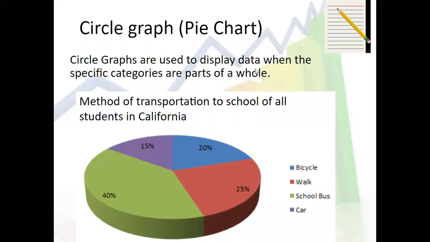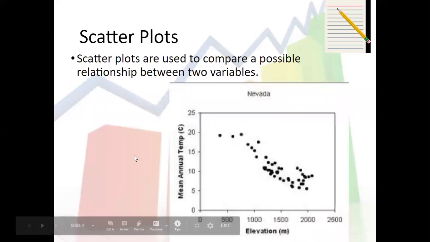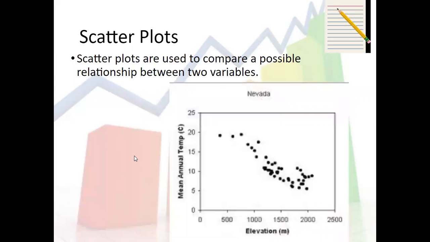Scatter plots are another example of a graph that does a really good job of giving us a big picture example of what we're looking for. So here on our x-axis, which is the horizontal axis, we have the elevation in miles. Each one of those numbers goes up by exactly the same amount. So we go from 500 to 1,000 to 1,500 to 2,000.